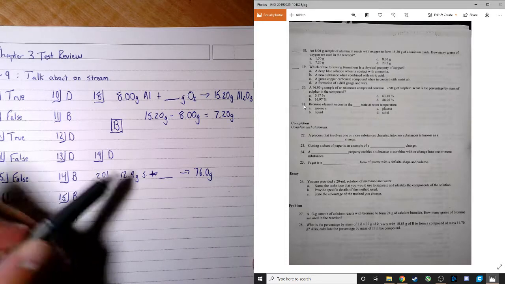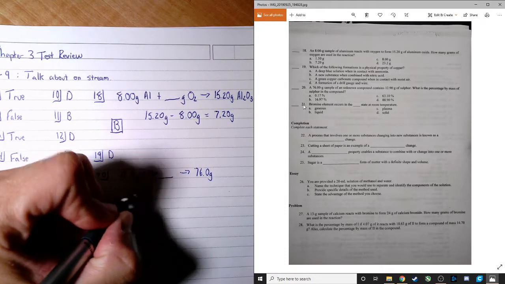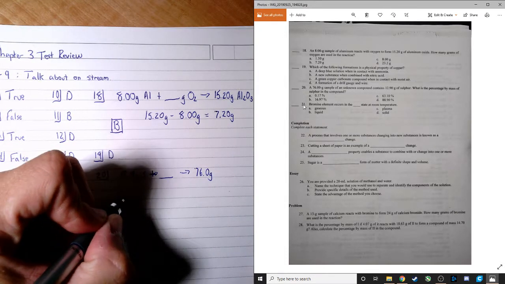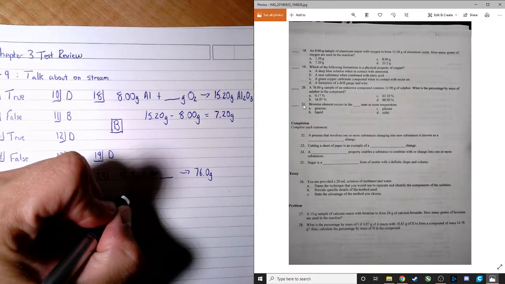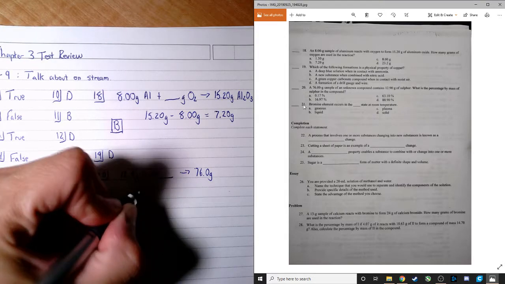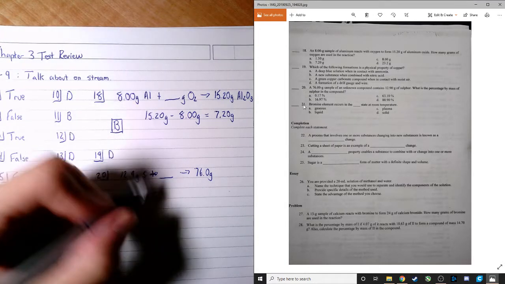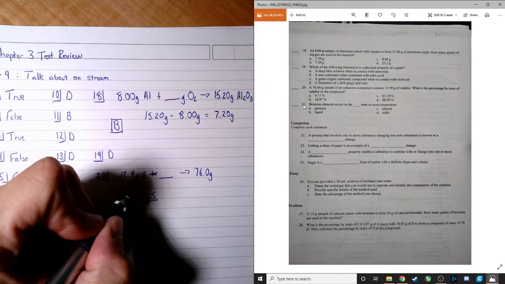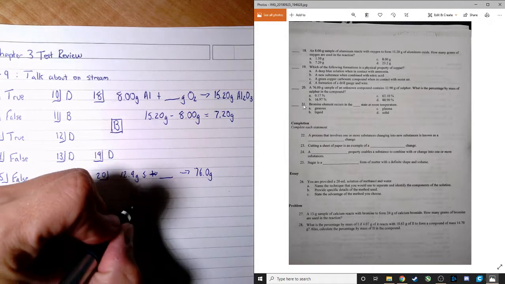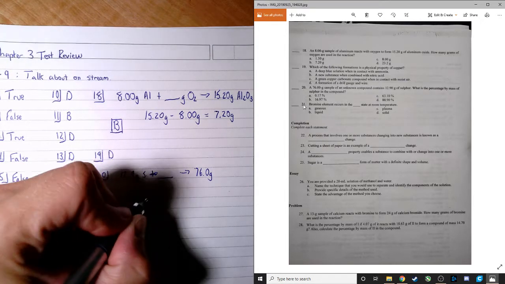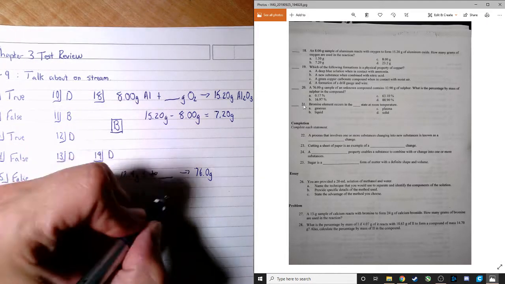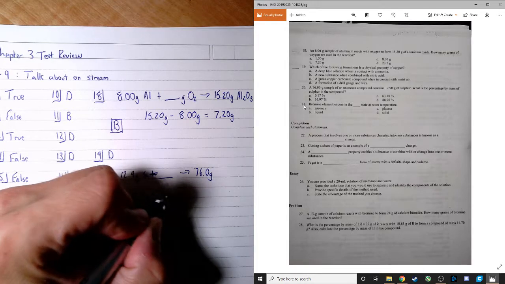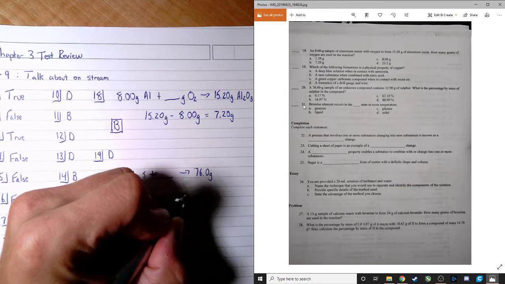So all you have to do is take the percent mass formula. It is the mass of the element, which is sulfur in this case, divided by the total mass of the compound, which is 76.0 grams. Then multiply that by 100 to get your percentage.